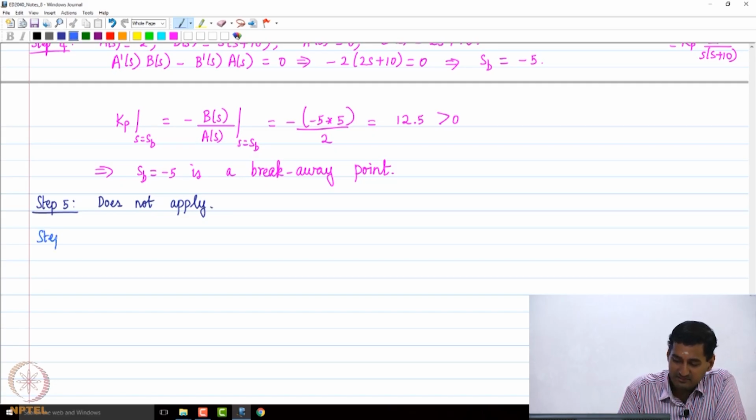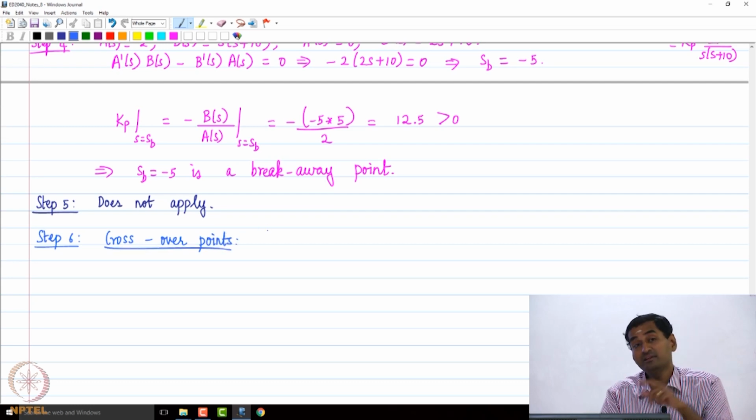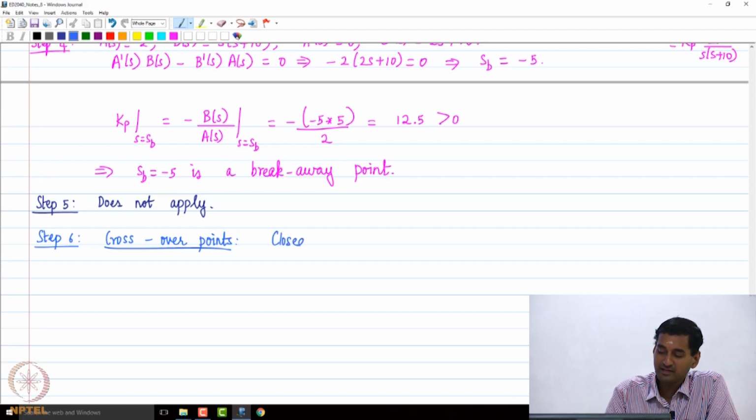Step 6 is about getting the crossover points. For the determination of the crossover points, please note that you need to look at the closed loop characteristic equation. So what is the closed loop characteristic equation?